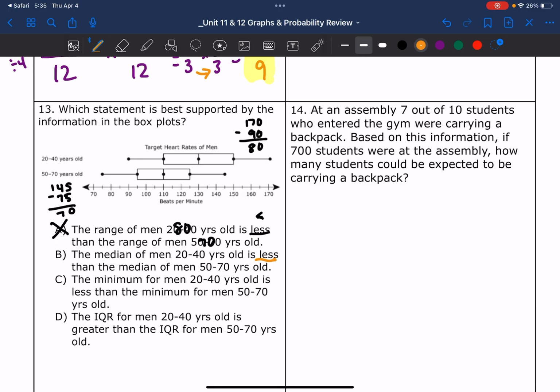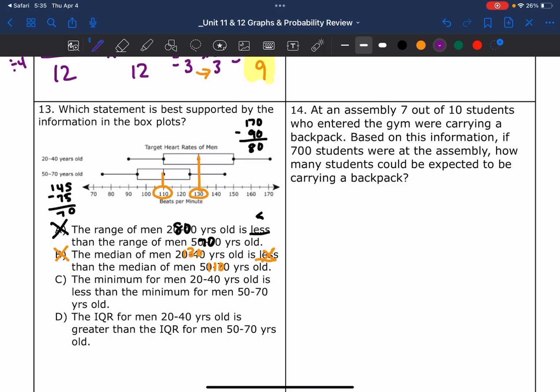So 20 to 40, that's going to land on 130. Okay, so 130 here, and then 50 to 70 is at 110. Okay, and 130 is not going to be less than 110. So it cannot be B either.